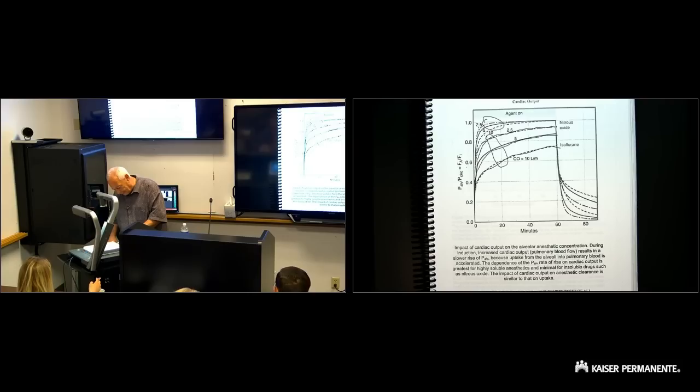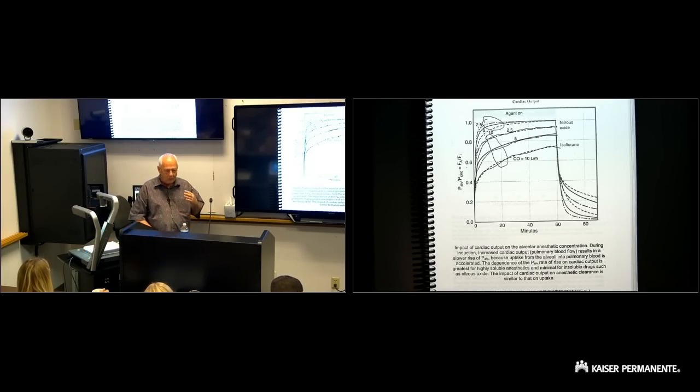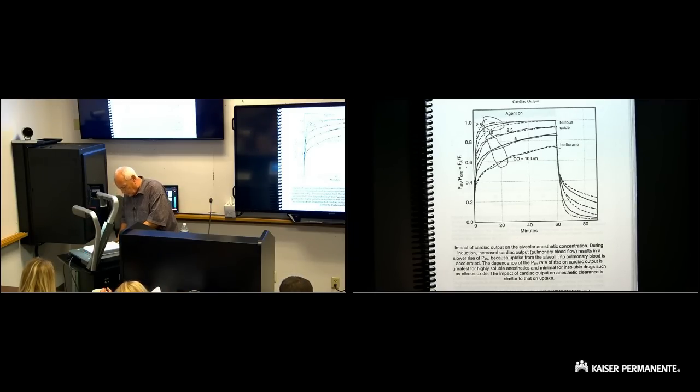So, what did I write? Increases in cardiac output slow the onset of all anesthetics. However, they slow the soluble agents more than the insoluble. They slow the ones with the highest blood gas coefficient more than the lowest.